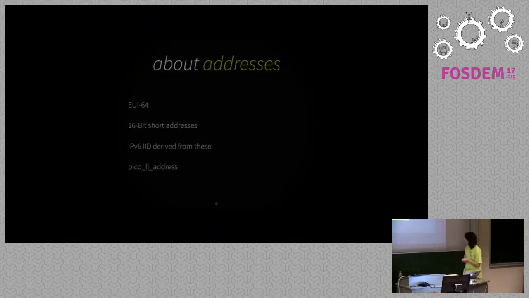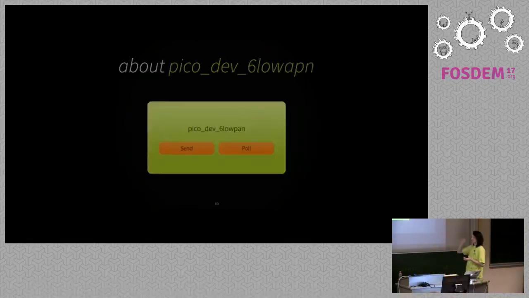Then a Pico device, a 6LoWPAN device, just has two functions. It has to implement send, to transmit the frame on the wire, and poll, to see if something has to be done, or if there is an incoming frame.